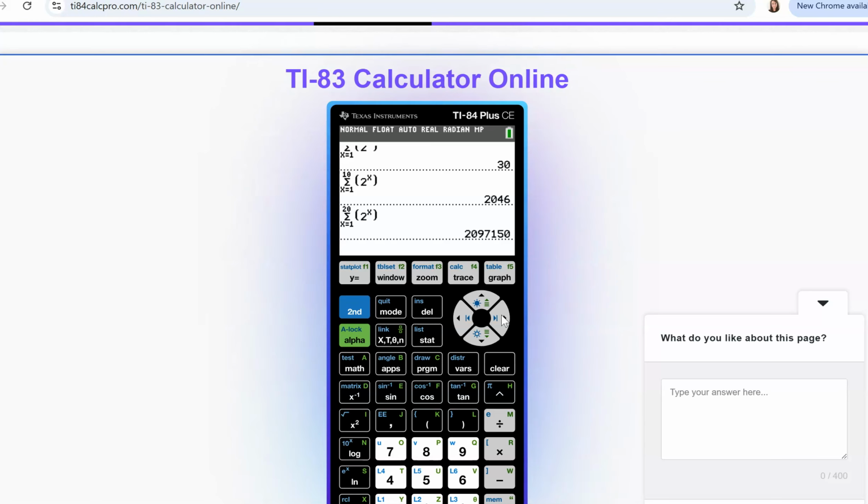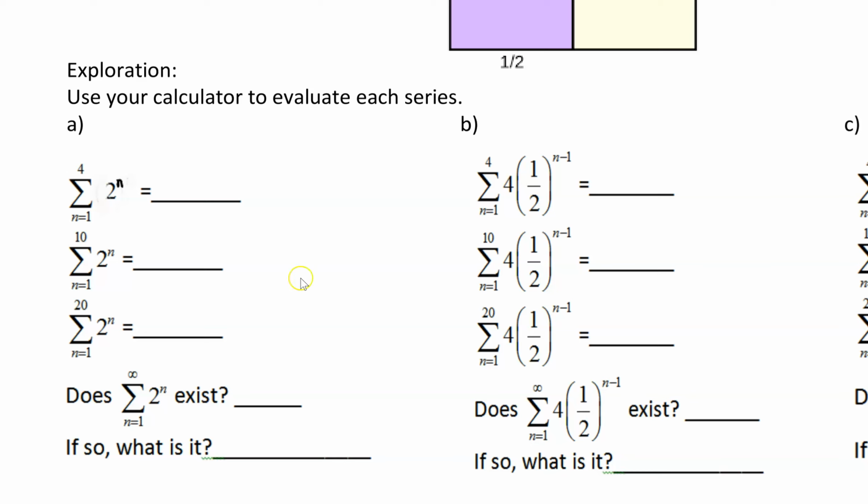So we get 2,097,150. Okay, so take a minute and try to finish the two other ones here with those values.